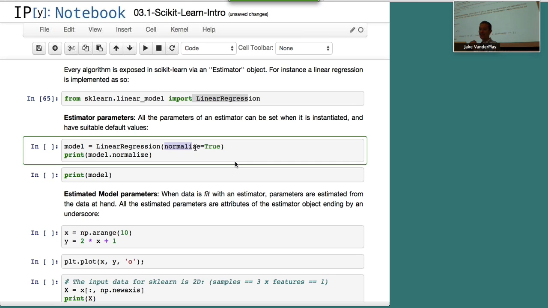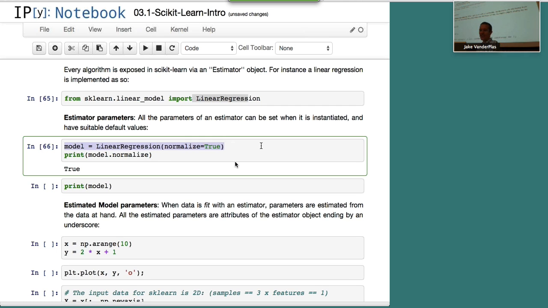These are known as model parameters or hyperparameters. So right here we're instantiating the model, and we say this is a linear model where the data is going to be normalized before I fit the line to it. Right? So you instantiate that model, now you have this model object, and it has all sorts of attributes. In this case, model.normalize is True. That's because we told it to be True, right?